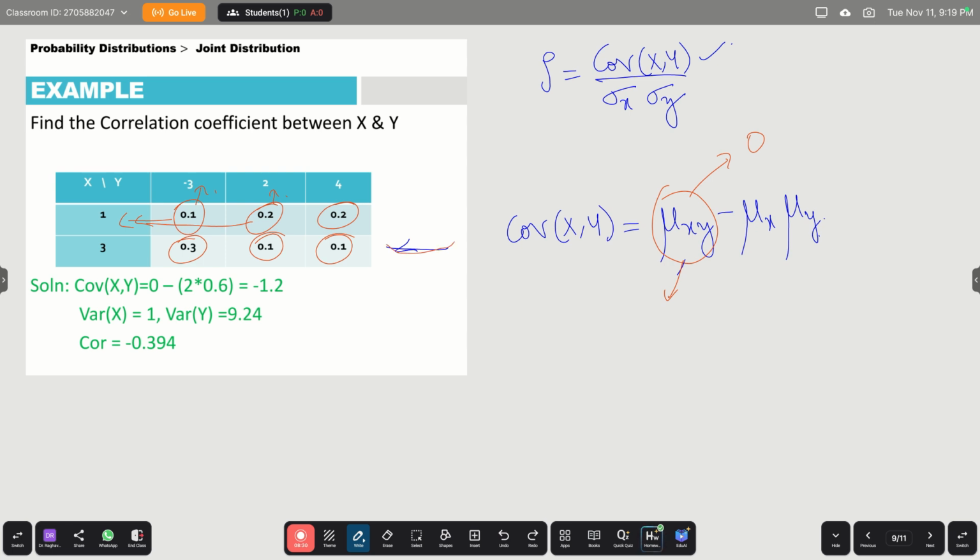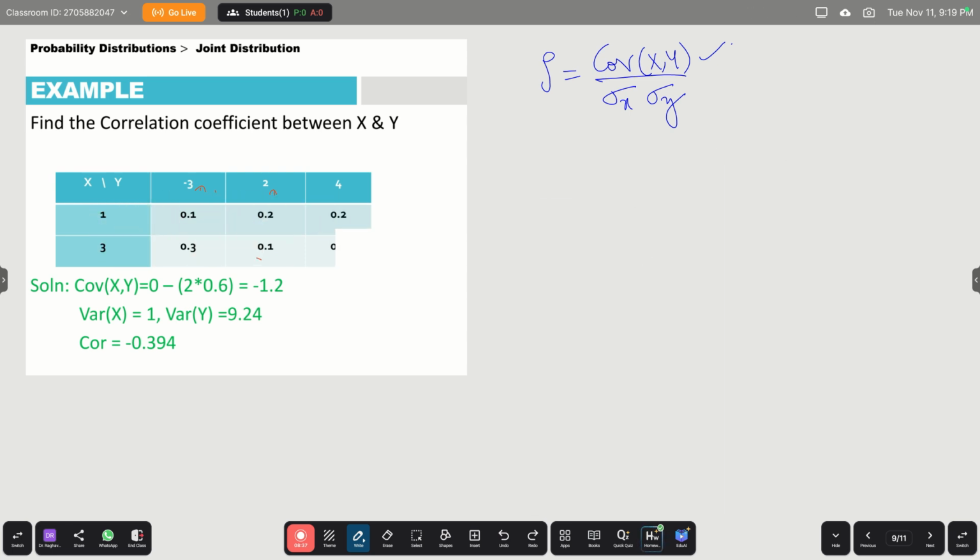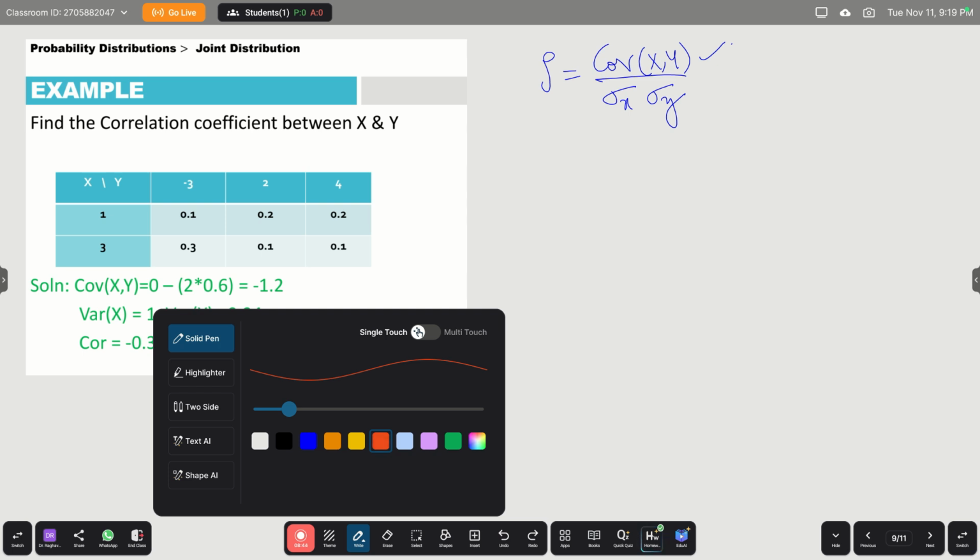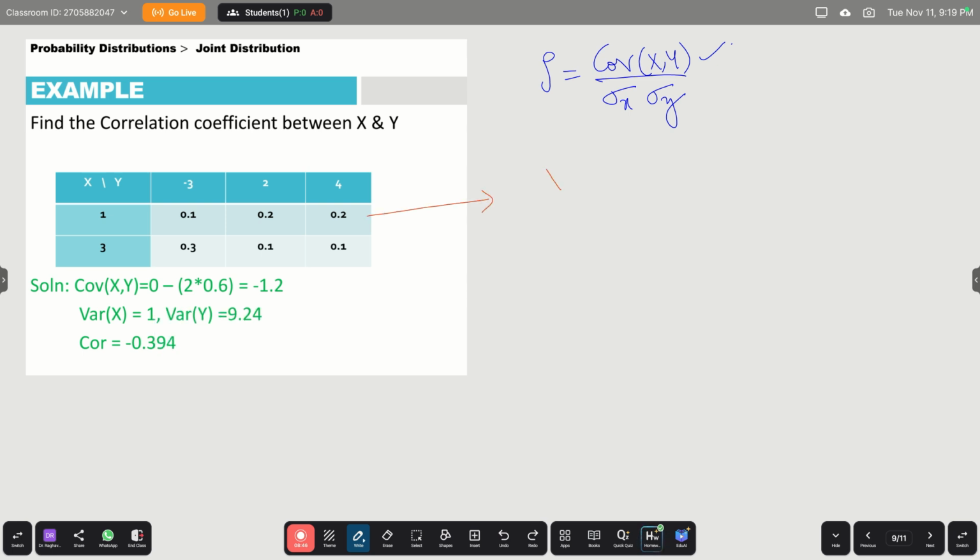To calculate the mean of x and mean of y separately, we need the marginal distributions. What are marginal distributions? A marginal distribution is obtained just by summing the values. Okay. So x is taking the values 1 and 3, and the corresponding probabilities: first row sum is 0.2 plus 0.2 plus 0.1, so this will be 0.5, and second row is 0.3 plus 0.1 plus 0.1.